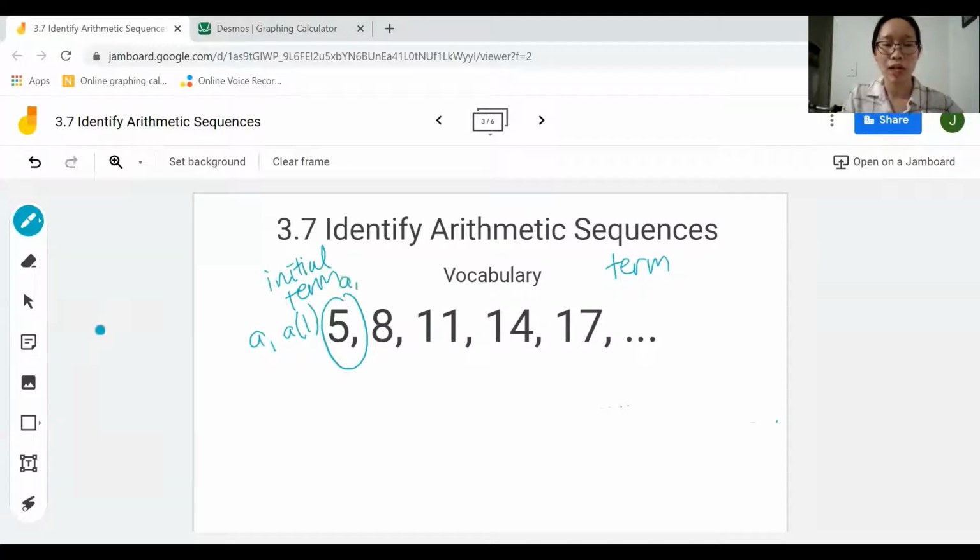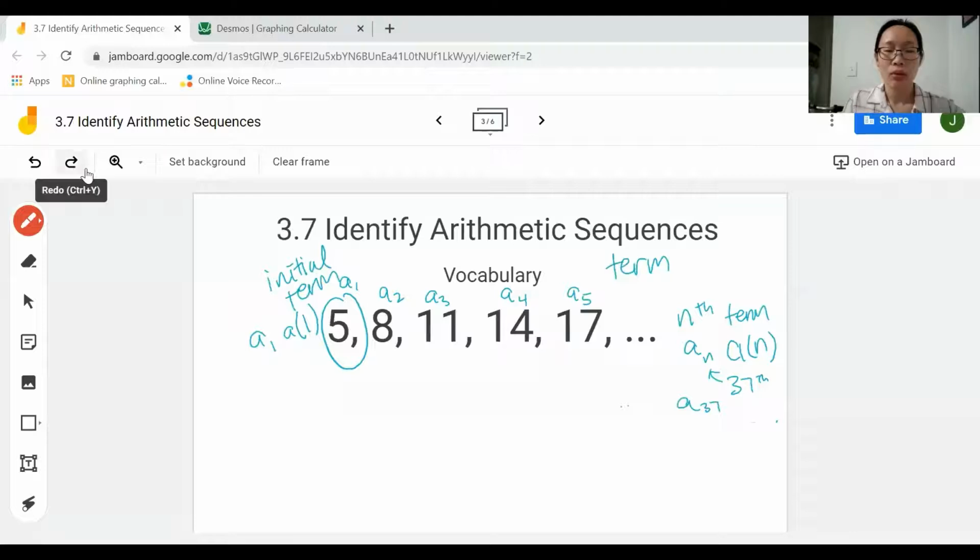My first term is a1, my second is a2, my third term is a3, my fourth term is a4, my fifth term is a5, and on and on. If I wanted to know the nth term, then that would be a sub n or a of n.